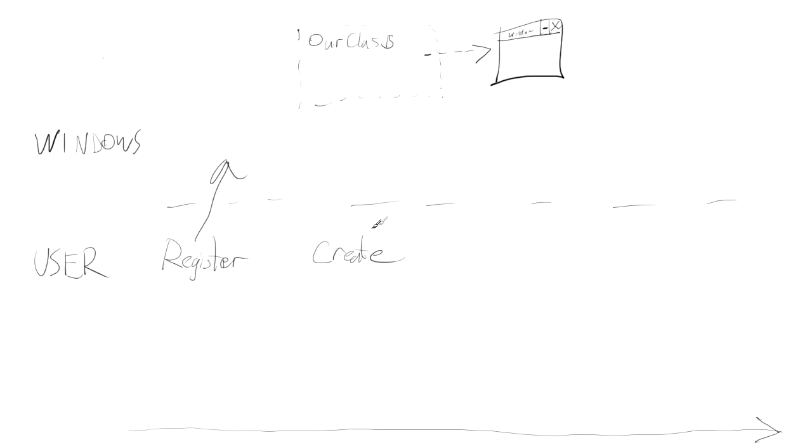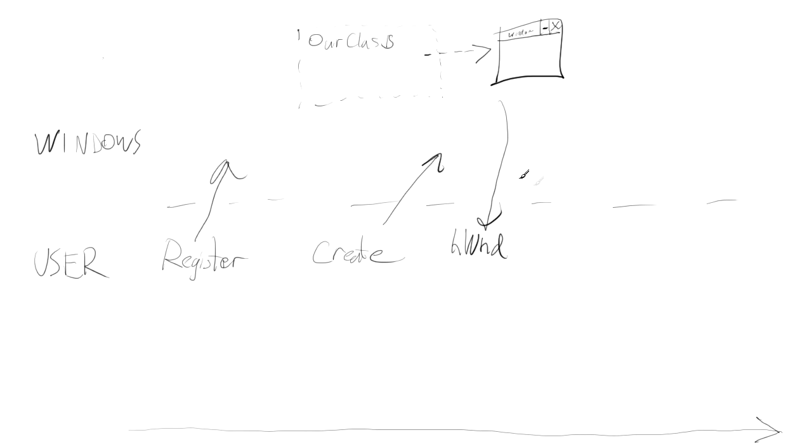So when we call create, it uses our class as a template to actually instantiate a real instance of our window. And it gives us back a handle to this window.